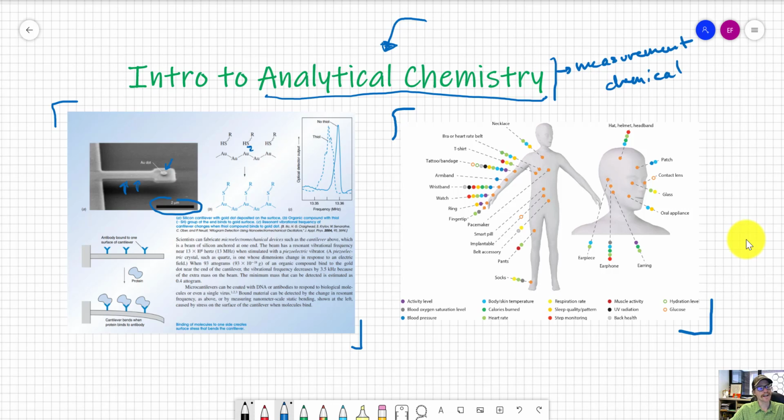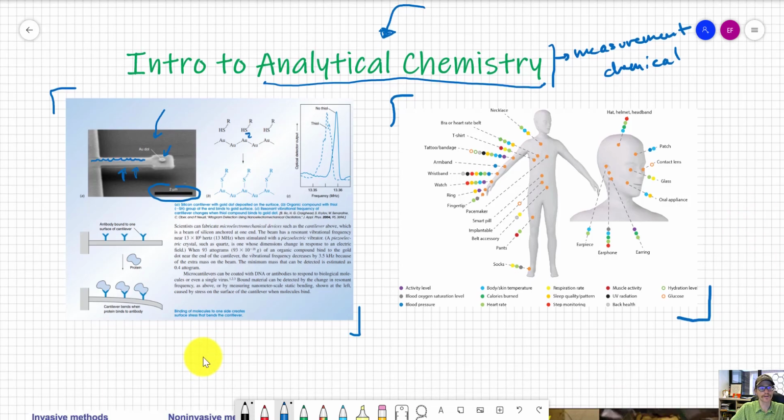What they can do is monitor the oscillation frequency of this tiny little resonator in space, and they can measure down to single molecules. So this is like an analytical balance that you've used in probably many of your chem courses, except it's done on the nanoscale and allows us to measure things in the attogram scale. Tiny things. But this is an example of taking analytical chemistry concepts and taking it to the extreme. These almost single molecule measurements.